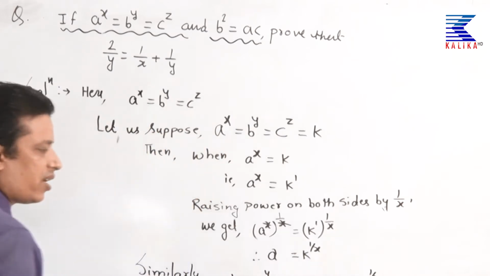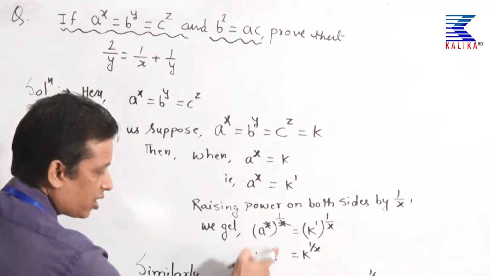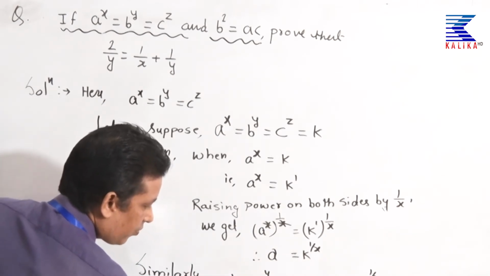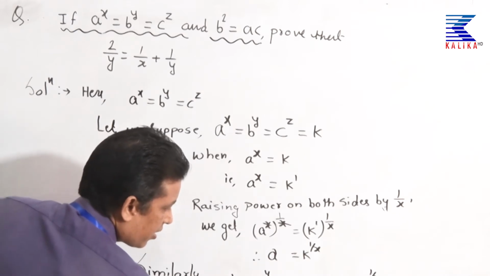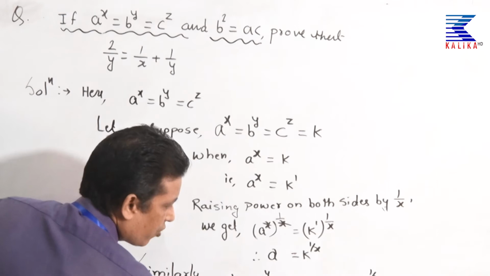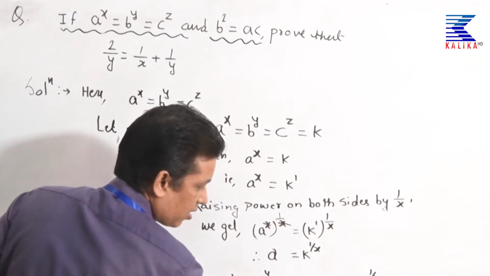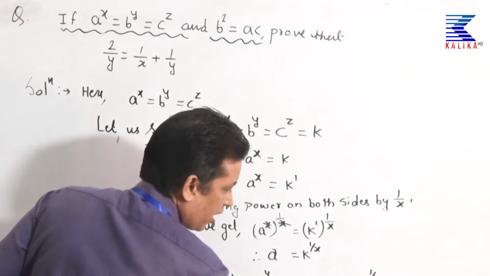Here you need to raise the power on both sides by 1 by y, following this process. And when you take c^z is equal to k, then you get c is equal to k^(1/z).